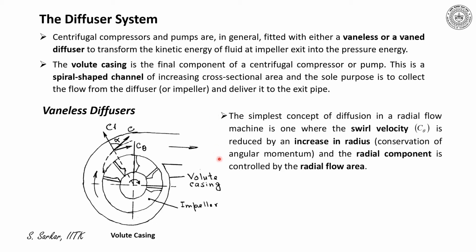Let me repeat what I wanted to mean here: the concept of diffusion in the volute casing for a radial flow machine is that the spiral component C theta is reduced by increasing the radius using the conservation of angular momentum, and the radial component is controlled by the radial flow area.